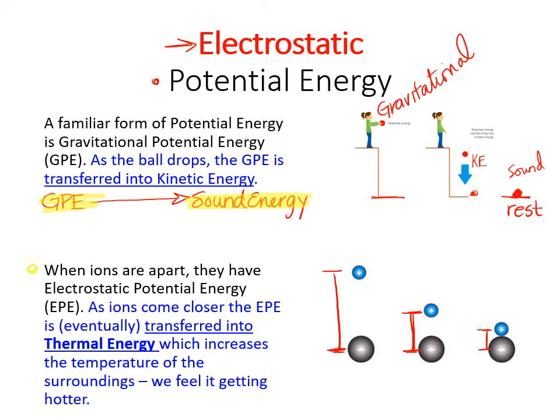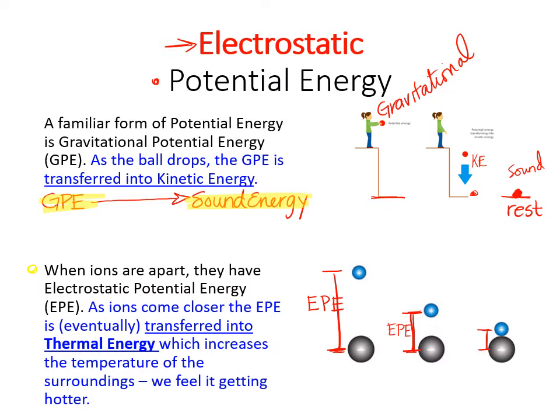We have something similar going on when we have ions apart. When we have the plus and the minus apart, and they're attracted to each other just like the ball was attracted to the ground, it has the potential. We call that electrostatic potential energy, and I abbreviated EPE. As they come together, the amount of electrostatic potential energy decreases.